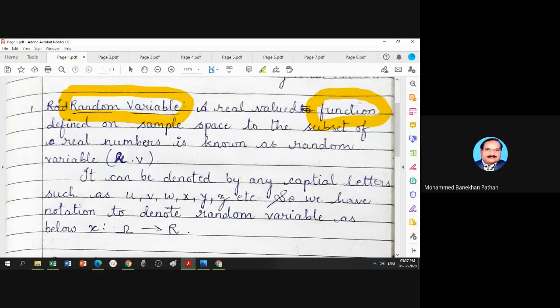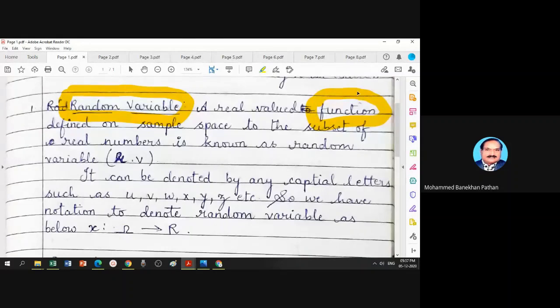Any relation by which an element of the sample space transfers to real values is called a random variable. Just recall your knowledge of mathematics.